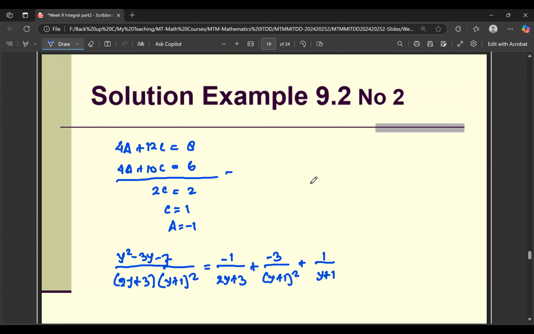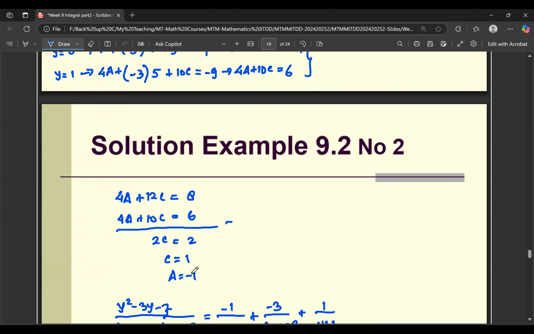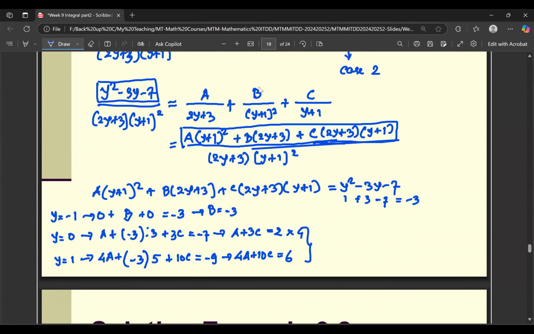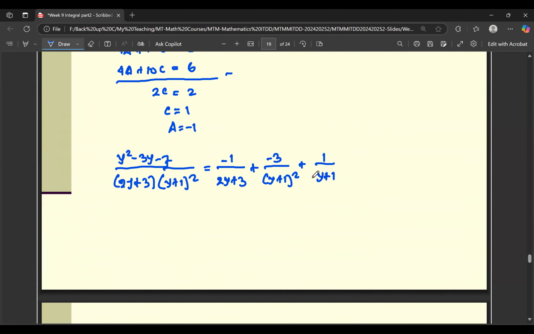So this is a minus 1, B minus 3 here, and C is 1. Okay.